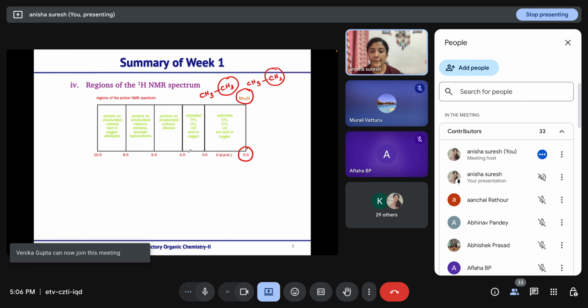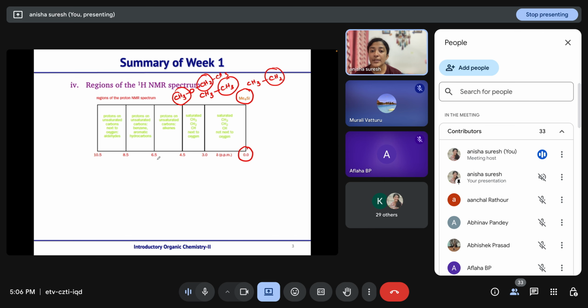Okay, like CH3O, CH2, CH3. So this CH2, this CH3, these all appear in the region of 3 to 4.5.